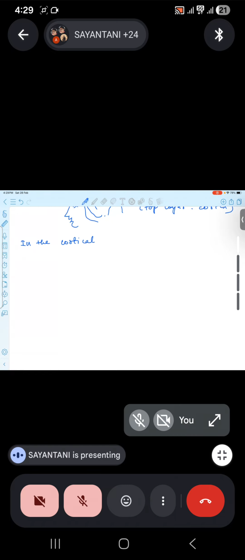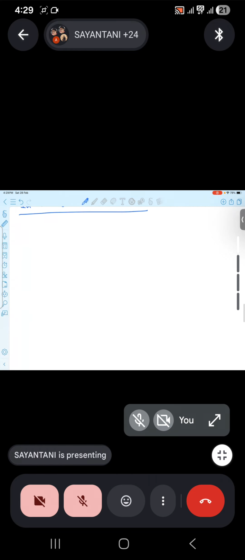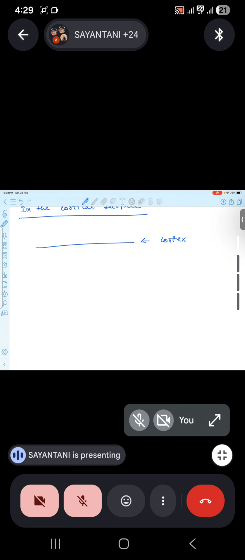If this is your cortex, your cortical layer, there are several neurons placed in this particular fashion. This is your dendrite, this is your cell body. We discussed the structure of a neuron. And of course, these are your axons. This was the basic structure.